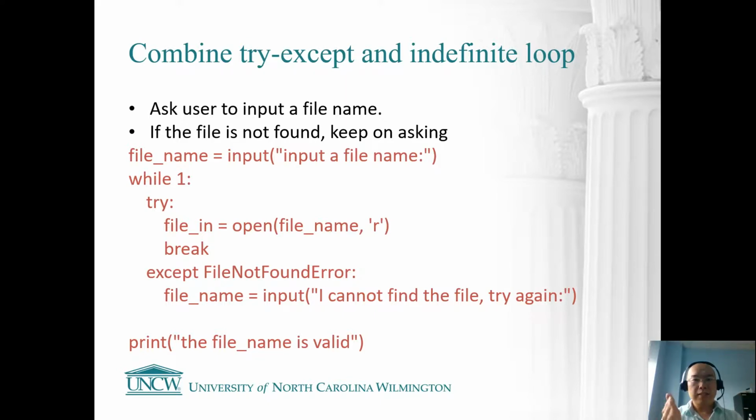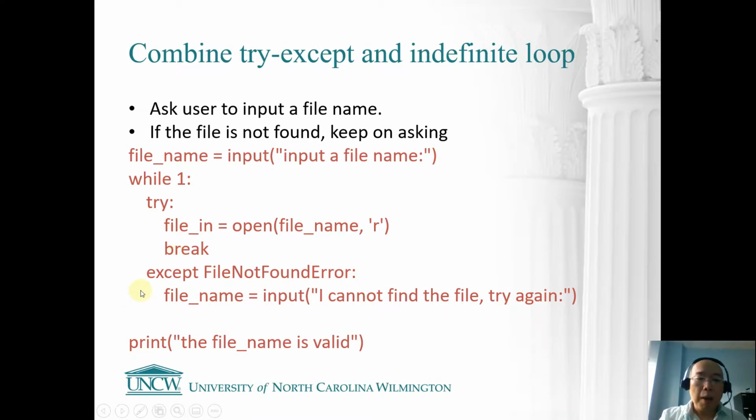Okay, so let's take a look at this code. At the very beginning, I ask the user to input a file name, and while 1, this iteration will never end, but inside I do have a break that will be the exit. I will try to open the file, and if the file is good, so this line of the code can be executed without any issue, I'm doing a break immediately because that file name is good.